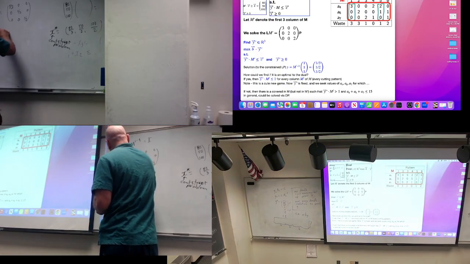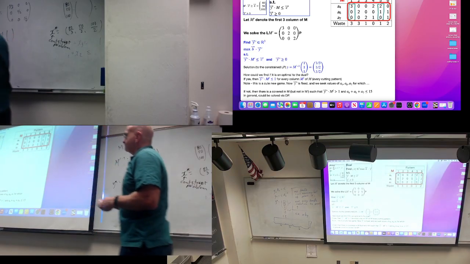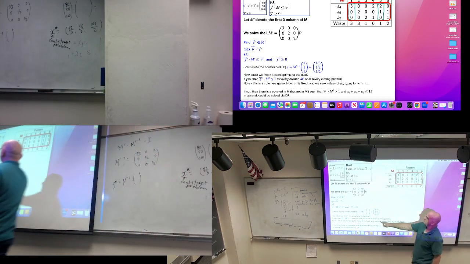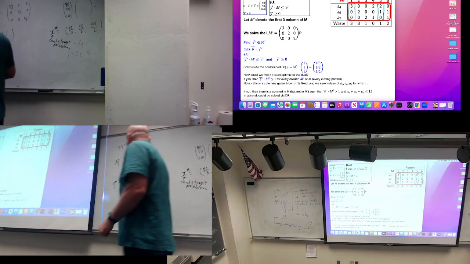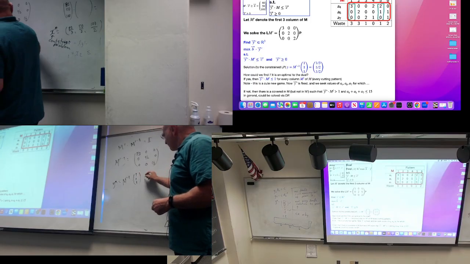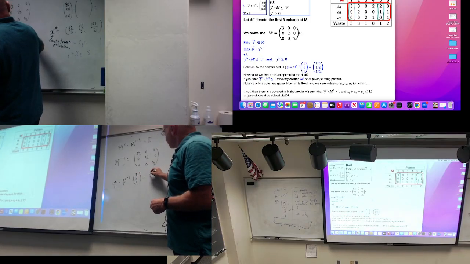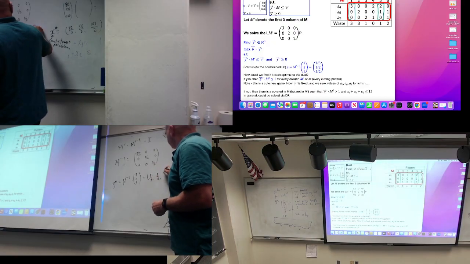M prime minus 1 times C. M prime times C, it's actually from the other direction, but it doesn't matter. So times 1, 1, 1, which is, in this case, a third, half, half.